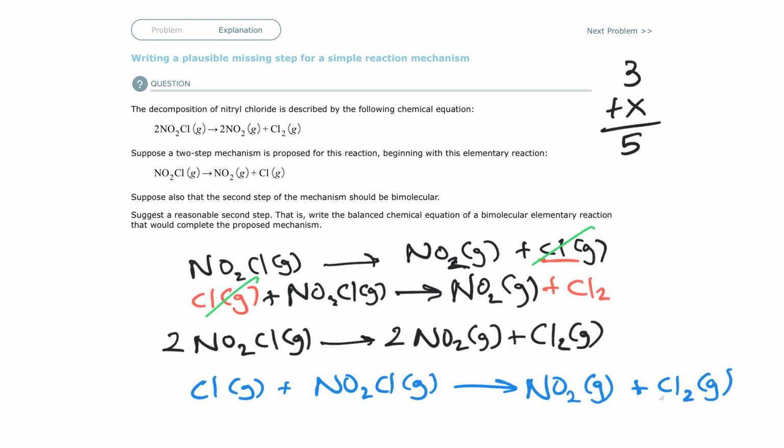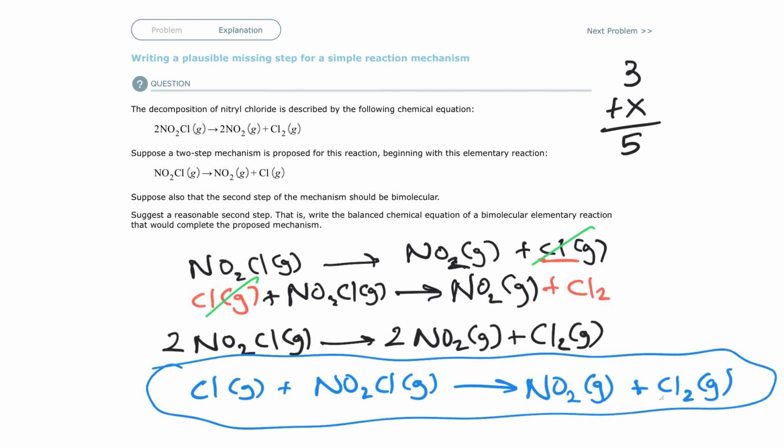Okay, so it's everything in this second line. Everything in the second line is what you're asked for, and then in order to get the final, the intermediates go away. Okay, the intermediates go away, and then you end up with nothing but the sum of those two. All right, so that's how you do it.